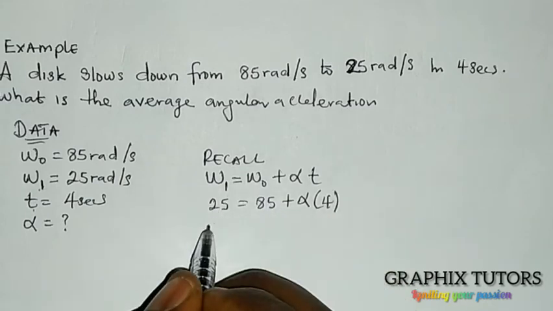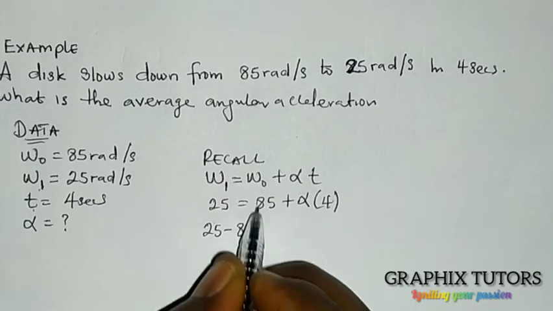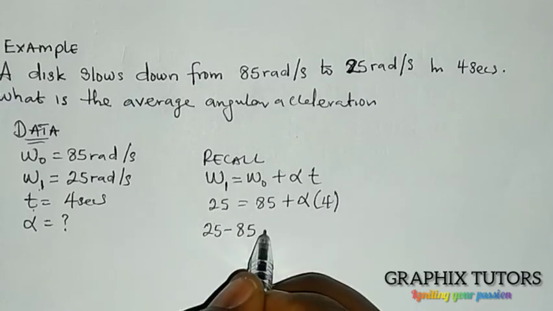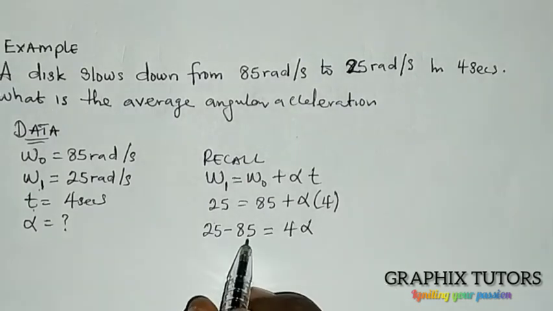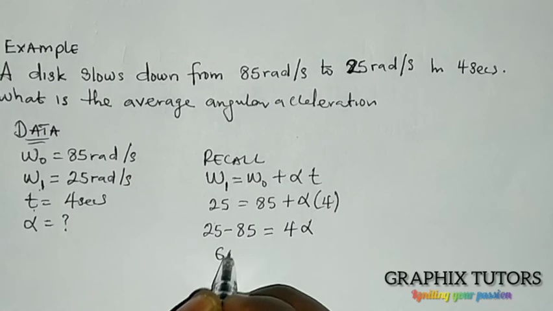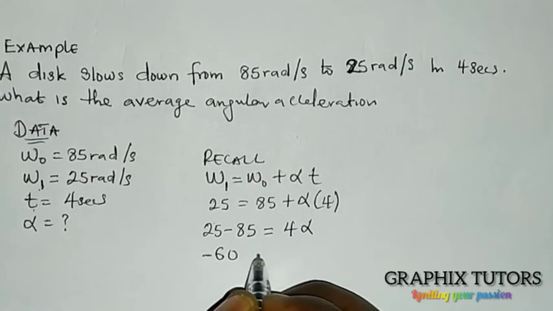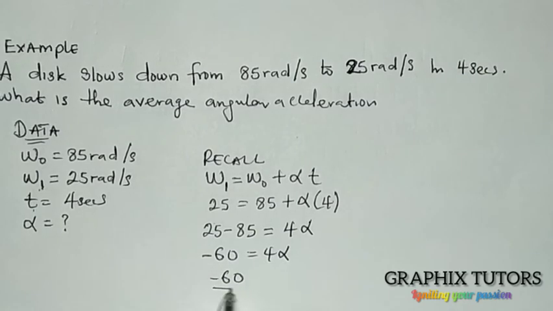So when this 85 comes here, it becomes 25 minus 85, changing the sign when crossing the equal sign, equals 4 alpha. So 25 minus 85 will give us minus 60. That is, minus 60 equals 4 alpha. Dividing both sides by 4, minus 60 all over 4 equals alpha.